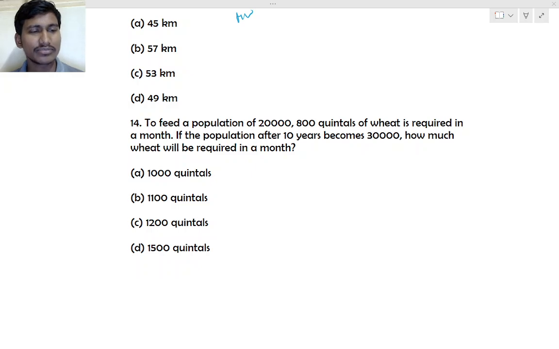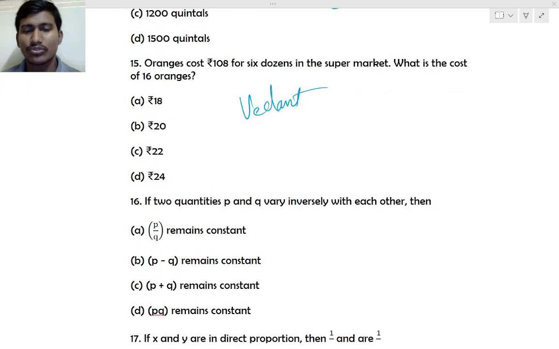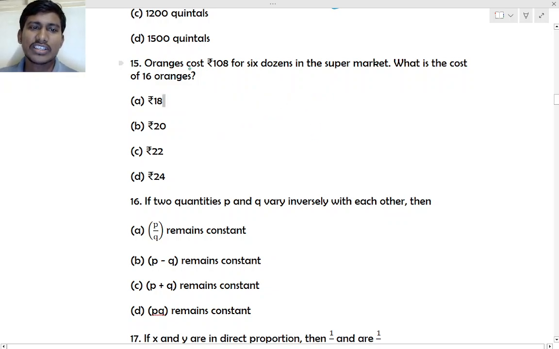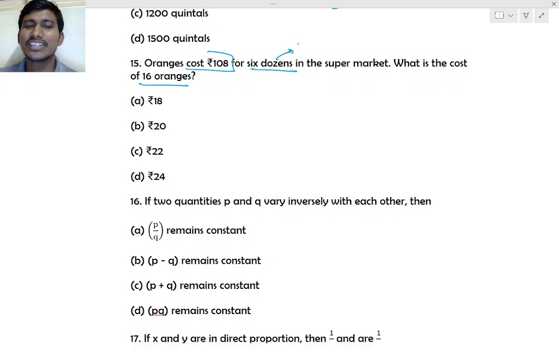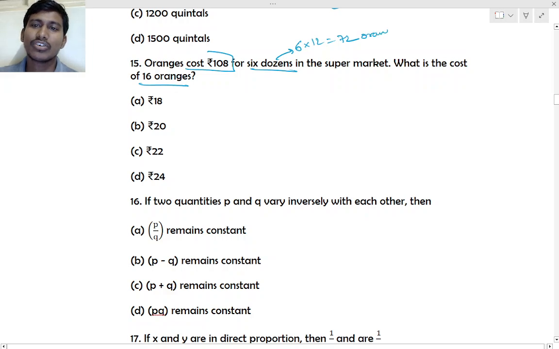Okay, so do it as homework. The 15th is very easy, so let us do it here. Oranges cost 108 for 6 dozen. In the supermarket, what is the cost of 16 oranges? 6 dozen means how many oranges? 1 dozen means 12, so the total is 72 oranges.